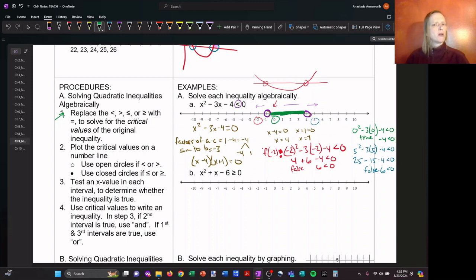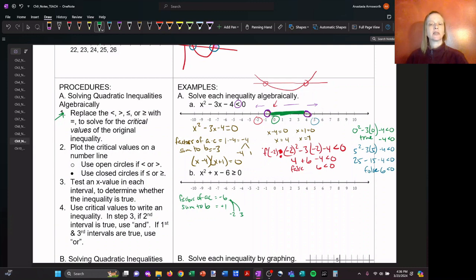In this example, once again, it looks like factoring is easiest or fastest. What are my factors of AC that sum to B? A times C is going to be -6, and I want those factors to add up to +1. The factors that do that are -2 times +3.